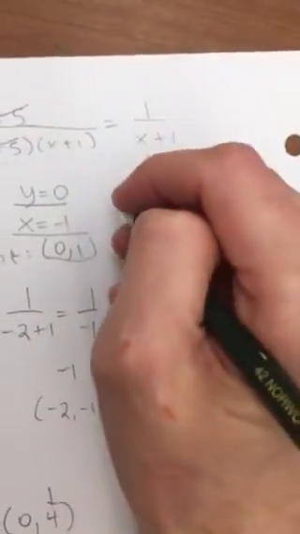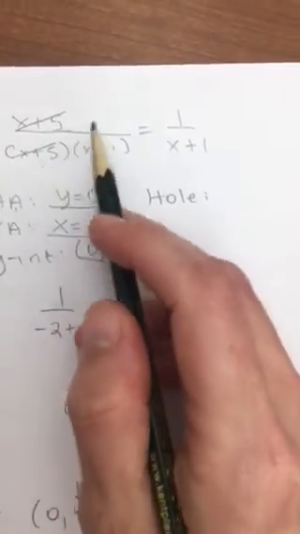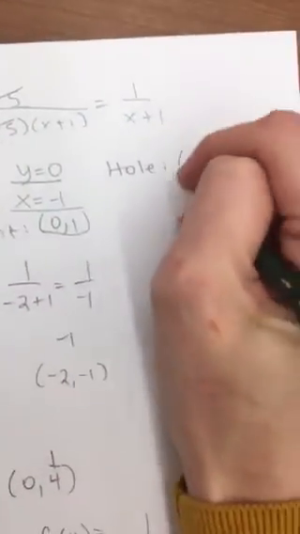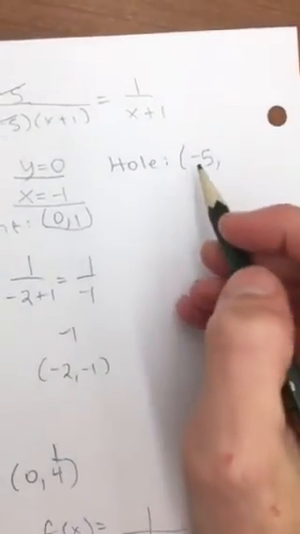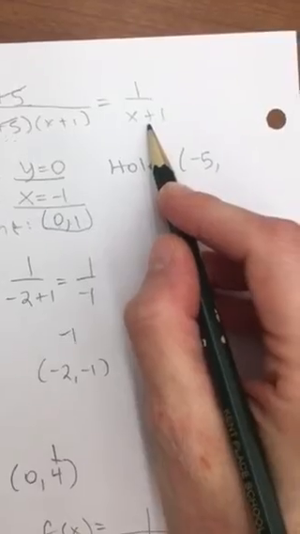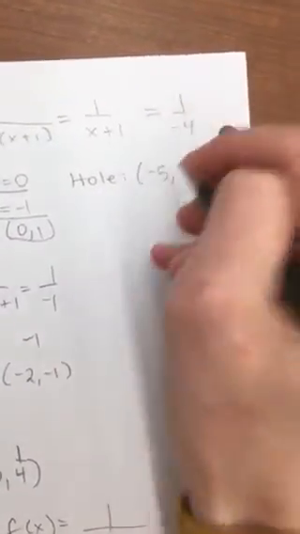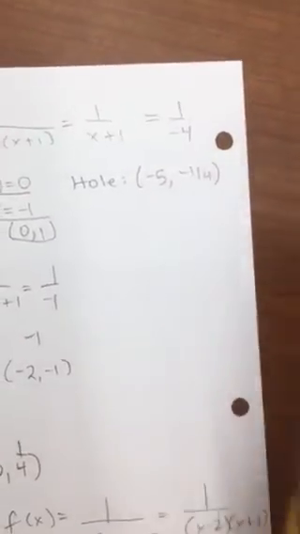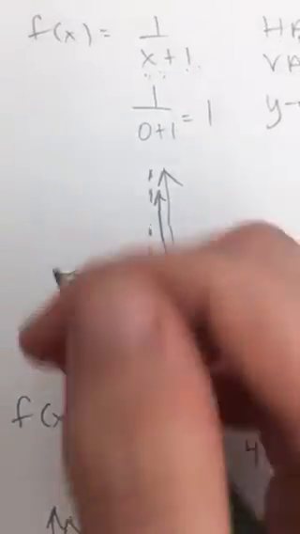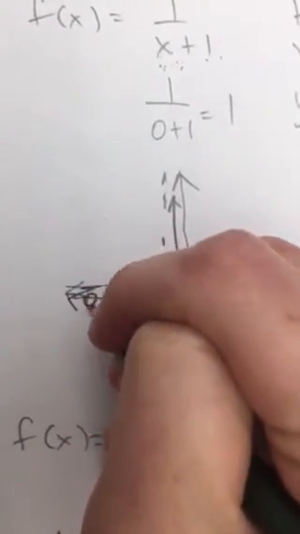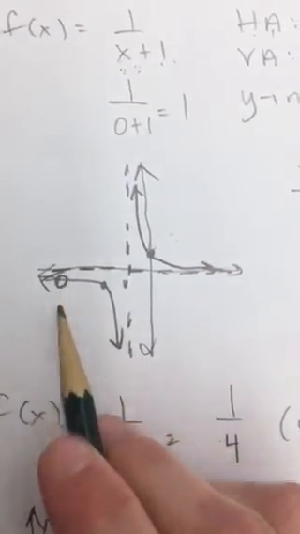So what we call this is a hole. It's the value that was simplified out, but in my original function, I can't include it. So if I take this value of negative 5 and substitute it into my simplified version, I get 1 over negative 4, or negative 1/4, which means in my function, when I go left 5, there is a value that I cannot include, and we note this with an open circle.